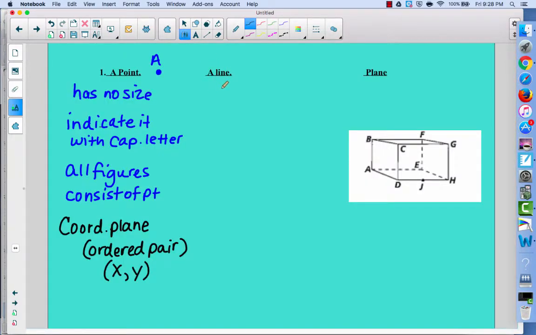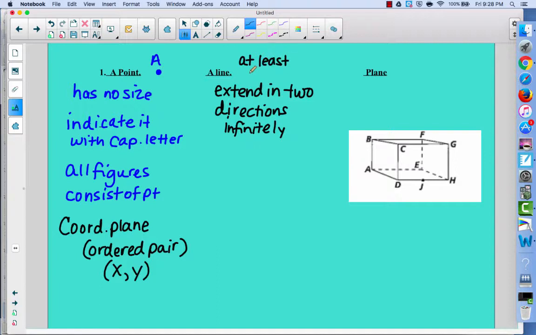All right, a line. A line is something that extends in two directions infinitely. Actually, I should say it extends in opposite directions infinitely. You need to have at least 2 points to create a line. But if I have 2 points, then a line can be created.